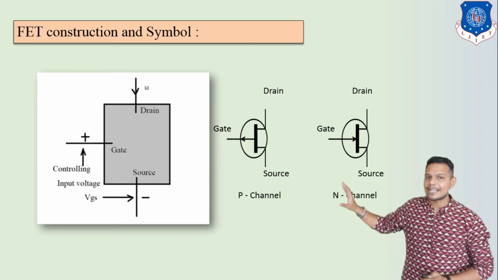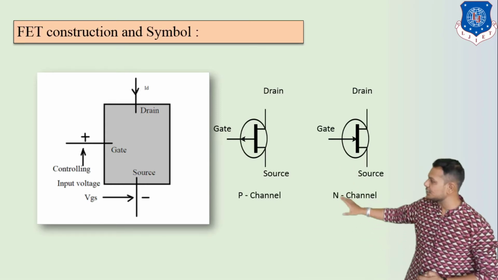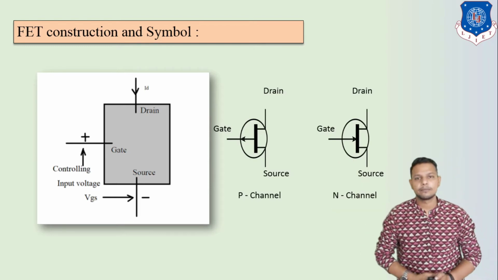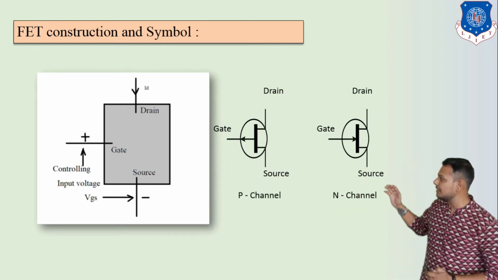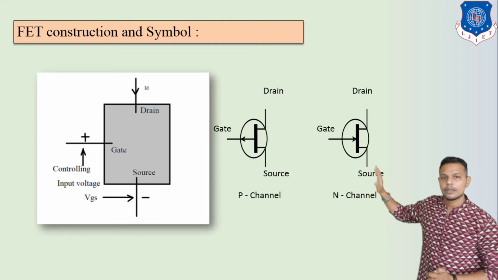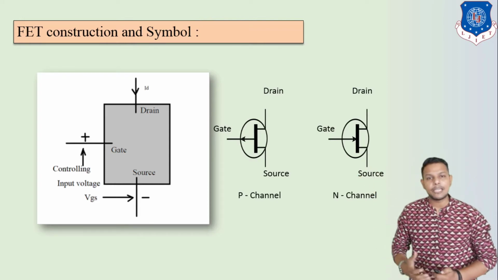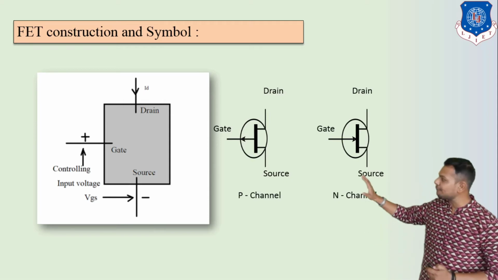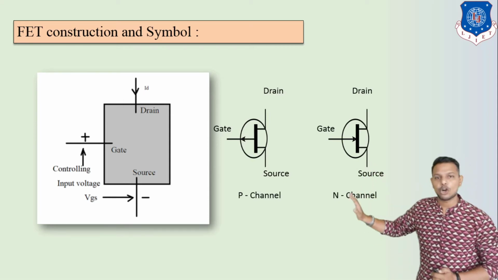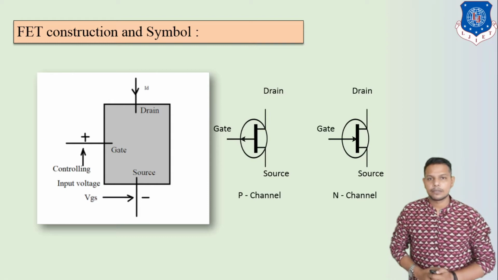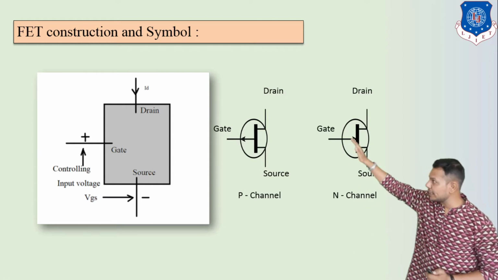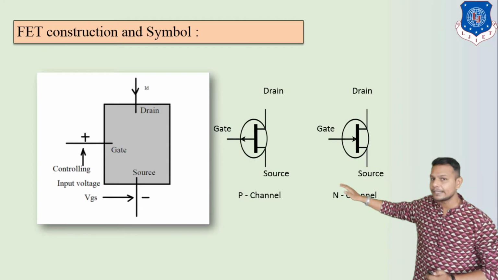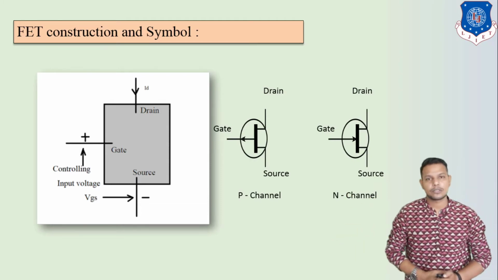Here we can see the FET construction and its symbol. As we discussed in BJT, there are three different terminals: base, collector and emitter. Similarly here in FET there are three terminals, known as drain, gate and source.